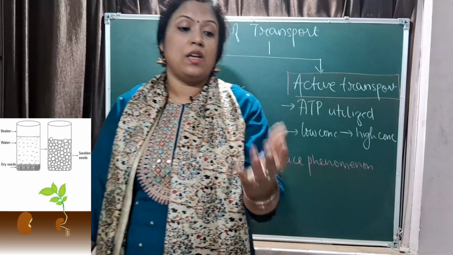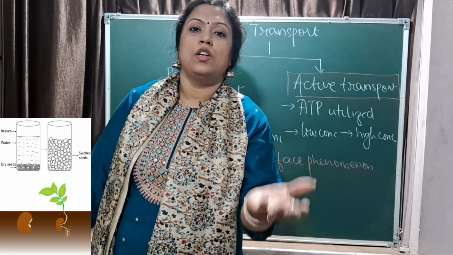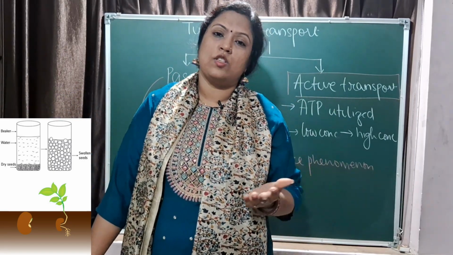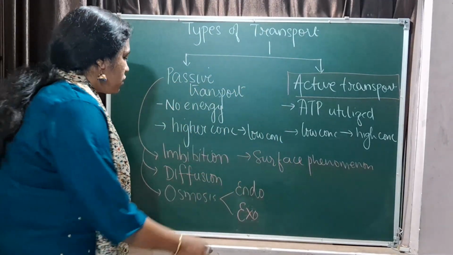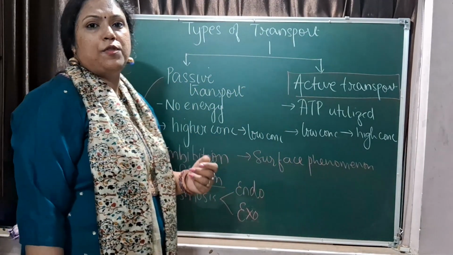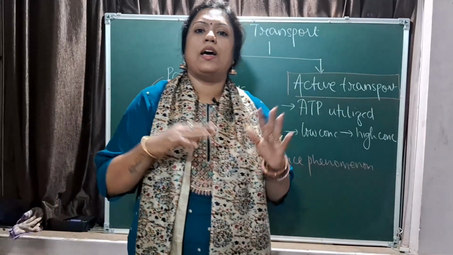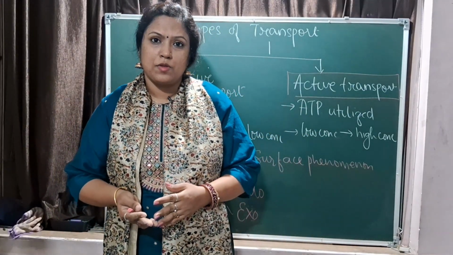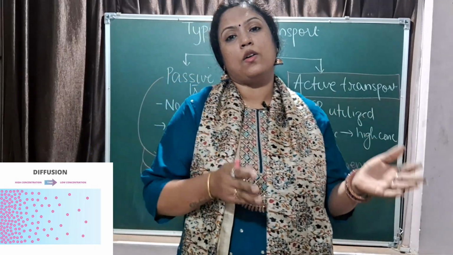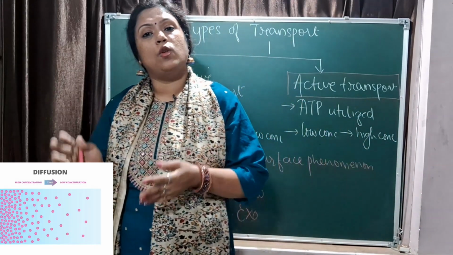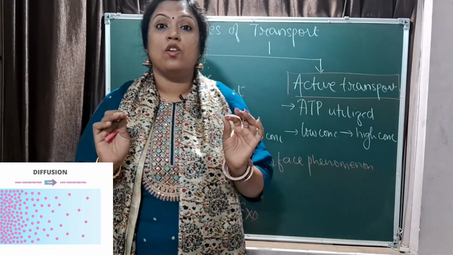Even the emerging of the seedling from the soil is also because of imbibition, right? The turgor pressure, imbibition. Diffusion is what? If I spray perfume, after some time the entire room will be occupied by the perfume smell. That is diffusion. Movement of molecules from a region of higher concentration to a region of lower concentration when kept in contact.